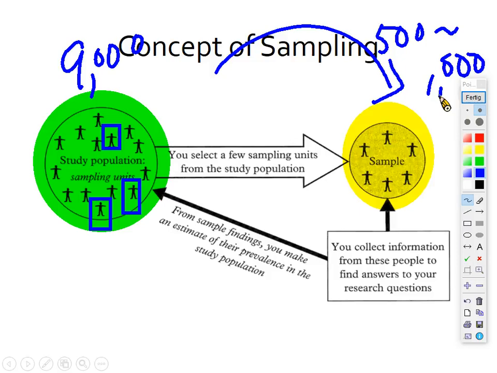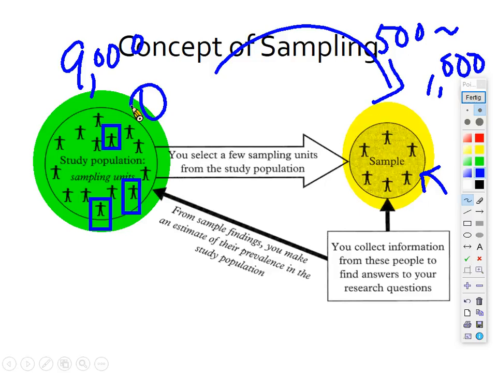And the sampling strategy carries out a very good idea. Since we collect data only from the smaller sample, our goal is to make sure that the characteristics of the sample are as close as possible to the characteristics of the population, right?